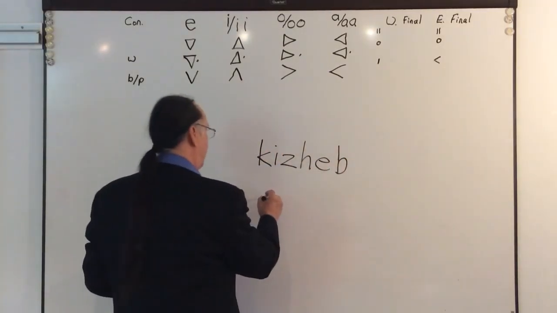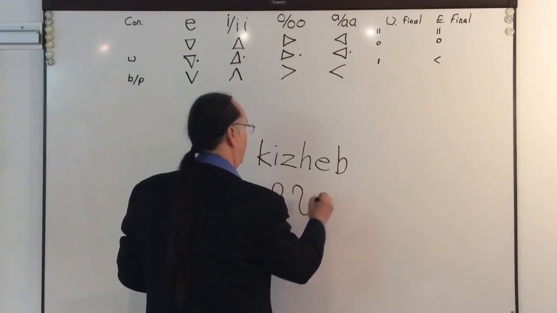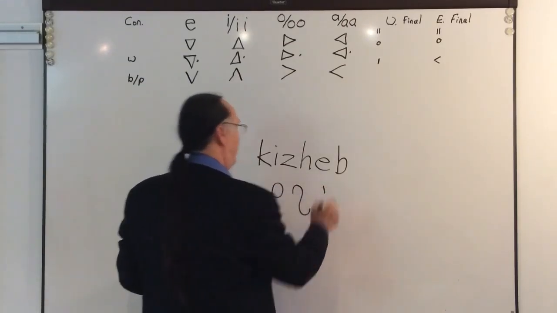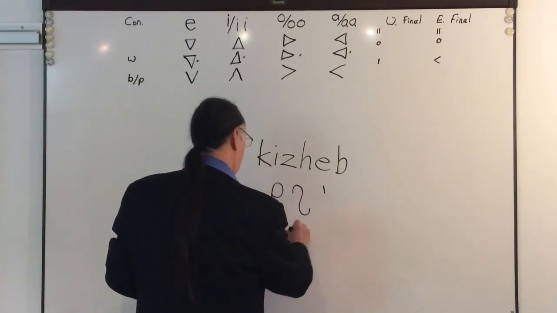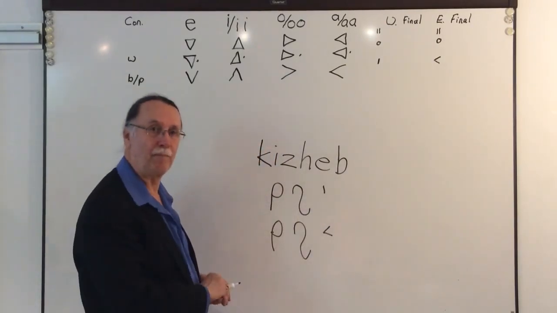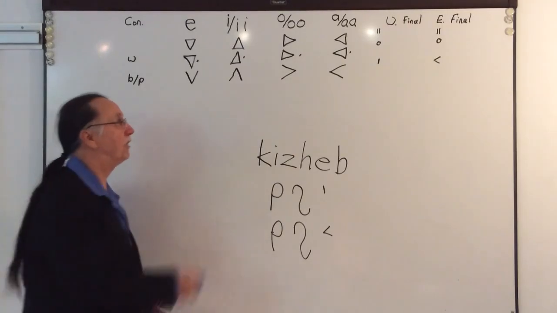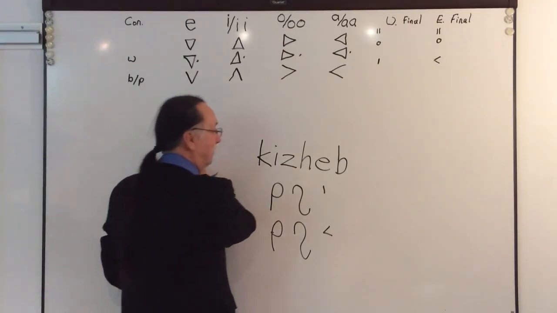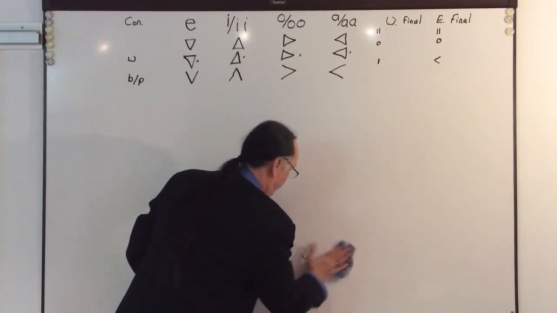Now if I was to write that in syllabics, it would be Ki, Je, like that, or Kijep like that. All right? Everybody see that? So that's an example of how we use finals. Okay, now let's move on.